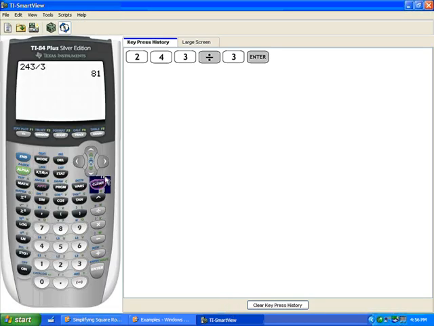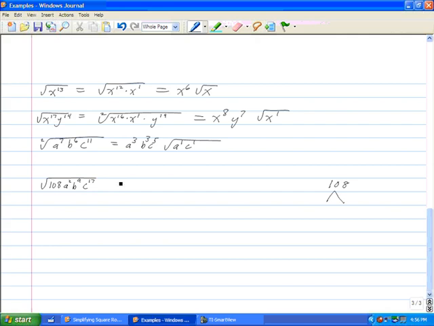Let's see if that's true. 108 divided by 3 is going to give us a 36, so that was a good way to break that up. So this is going to become the square root of a 36 times 3. And then there's your a squared, b to the 9th, c to the 17th. So, square root of 36 is 6, and a 3 stays in.